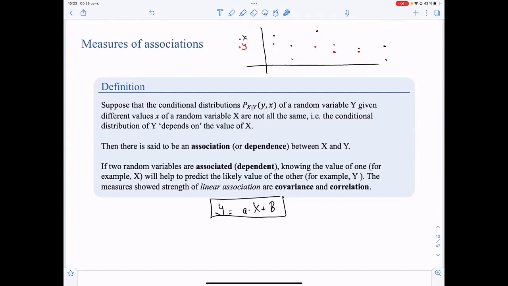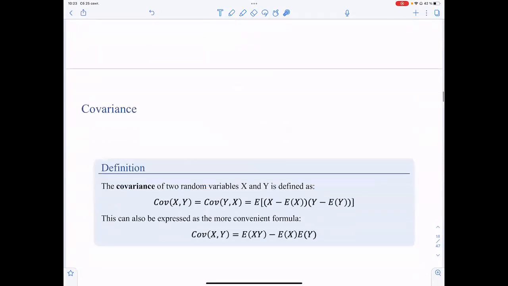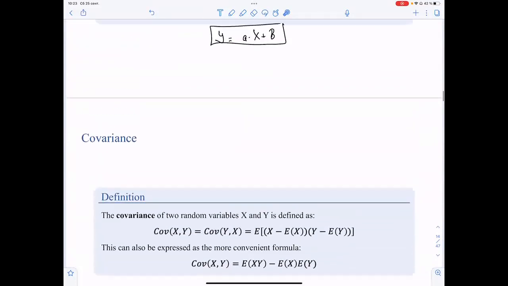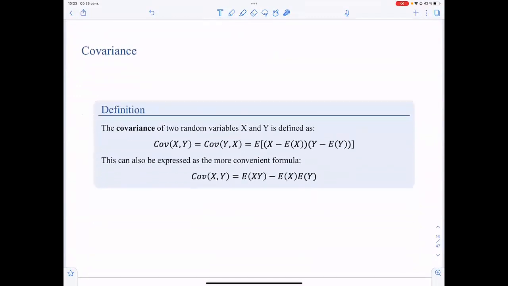And because of this similarity, we may introduce the measure that is called covariance. What covariance does is measure the expectation of the multiplication of both variables deviating from their own expectations.